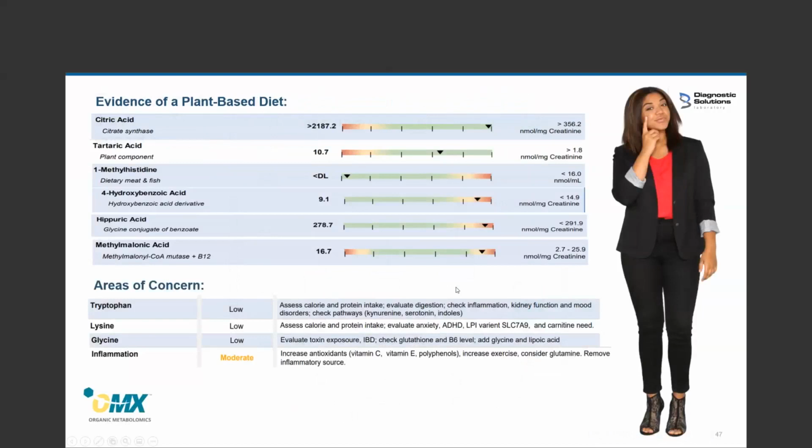So this is the person that I've been working on and talking about, our accountant. So looking at some markers that to me provide evidence that she is on a plant-based diet. So citric acid was very high, so that is associated with a plant-based diet.